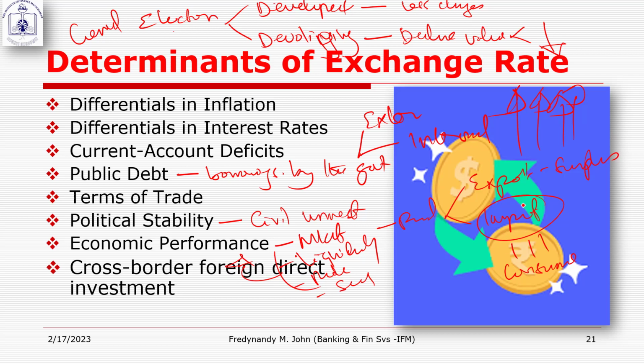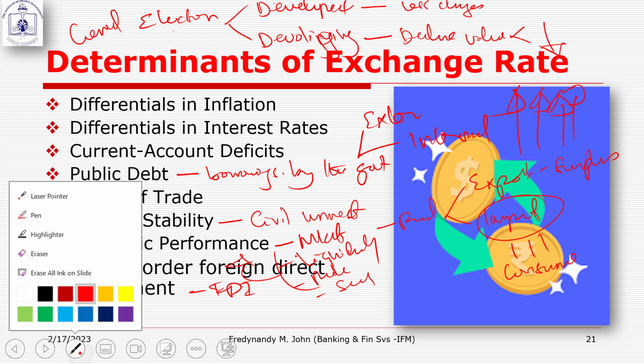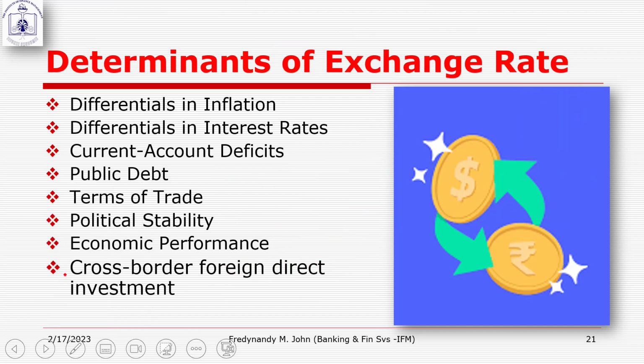Cross-border foreign direct investment. Earlier I gave you an example of Aliko Dangote. FDI is when you have investors from different countries coming to invest in your country. These investors will come with foreign currencies, all right?